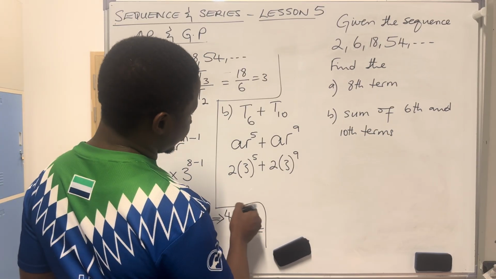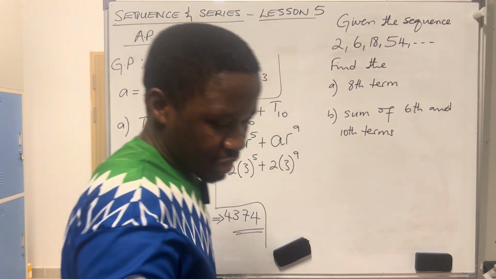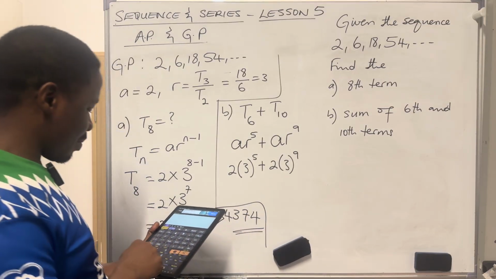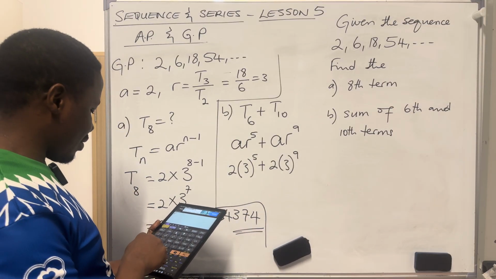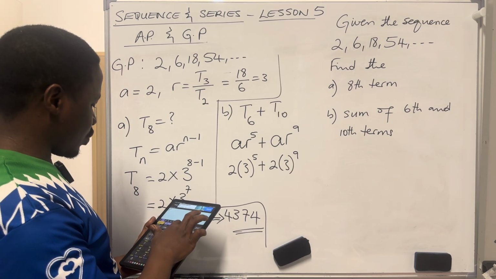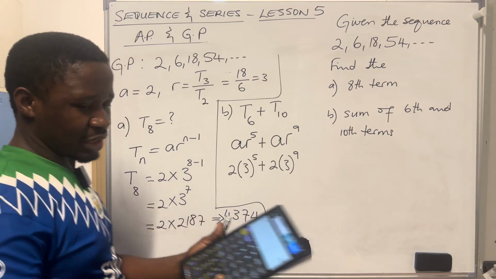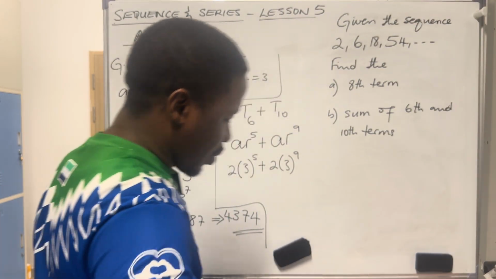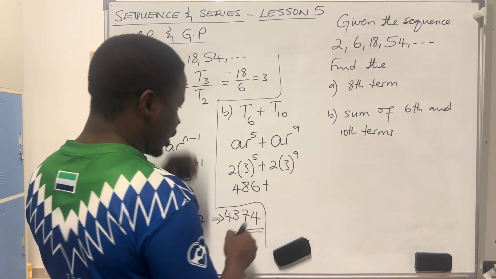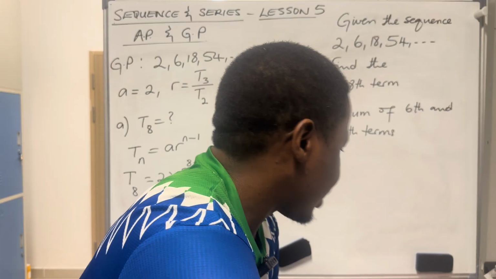So we say 3 to the power 5 times 2. 3 to the power 5 is 243, times 2 is 486.